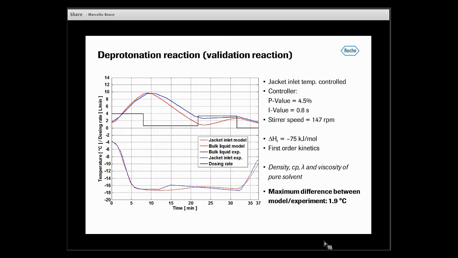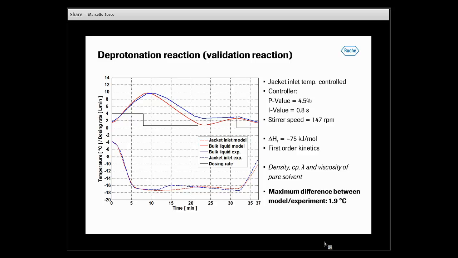And then afterwards, when the jacket inlet temperature has about minus 16 degrees, and the bulk liquid temperature has come down again to 2 degrees, we again open the dosing to the amount of 3.5 liter per minute.